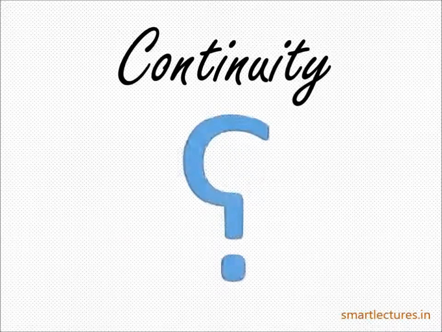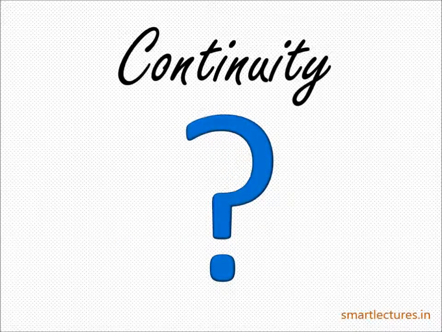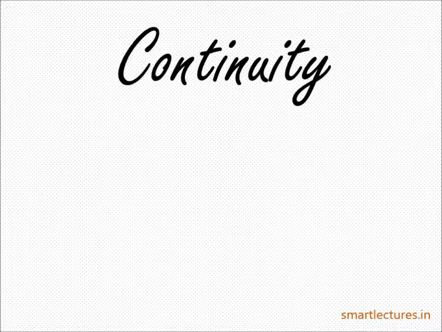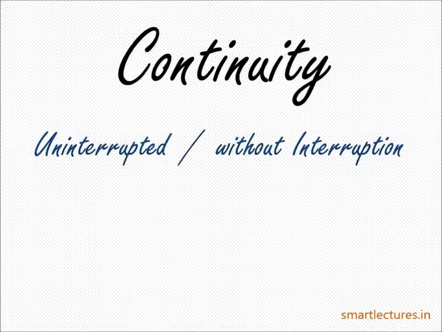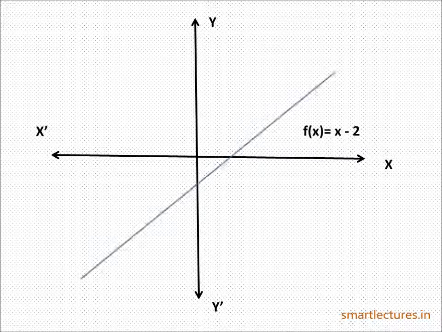And now, what do we mean by continuity? The English word continuity means uninterrupted, or something which is without interruption. Suppose we draw the graph of a function, and if the curve so obtained is without any breaks, then we can say that this function is continuous in its domain.